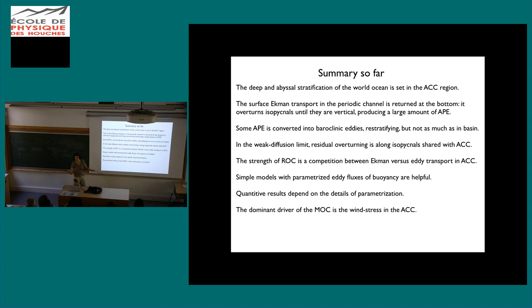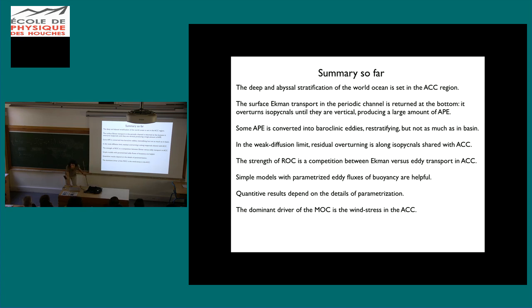Having boundaries and the associated gyres is much, much more efficient. And the strength of the circulation is essentially a competition, in the adiabatic limit, between Ekman transport versus eddy transport in the ACC. And of course, simple models with parameterized eddy fluxes I think are helpful conceptually, although not quantitative, because the quantitative results depend on the details of the parameterization.